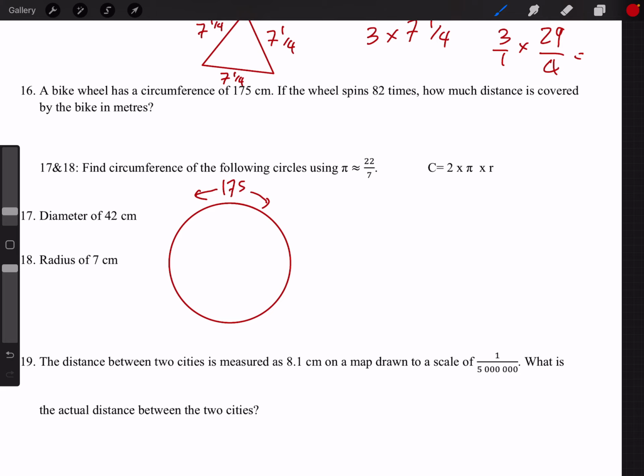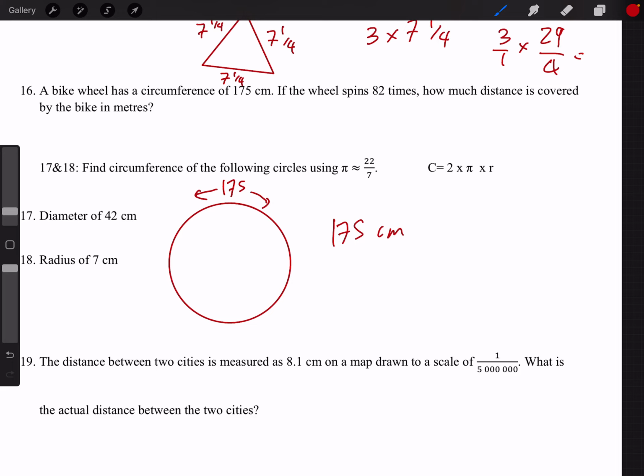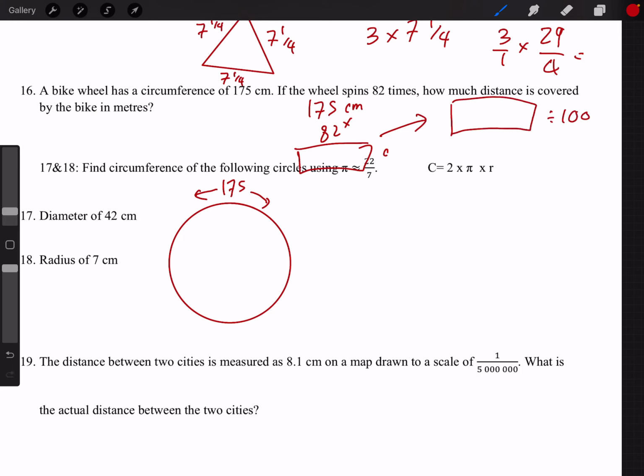If you spin this once, you're going to get 175 centimeters. And you spun it 82 times, so just do 82 times 175. This is in centimeters, so the answer will also be in centimeters, but you have to convert it to meters because it says distance in meters. So you take whatever you get when you multiply and divide it by 100, because there are 100 centimeters in a meter, and then you will get the answer.